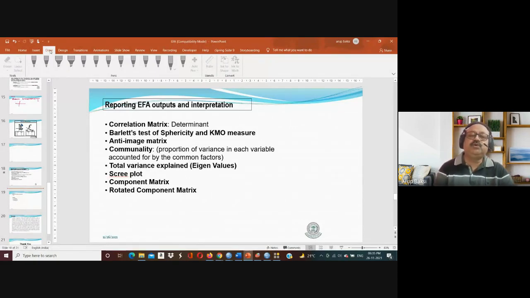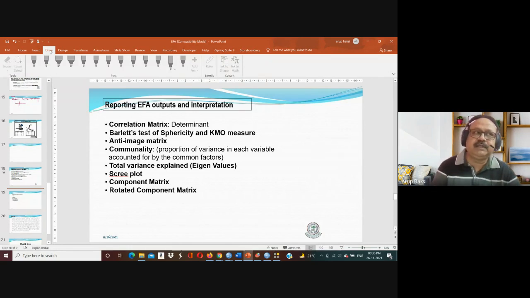That applies if you are stopping after the EFA. But if you are proceeding and confirming the factor analysis by adopting a confirmatory factor analysis, whereby you are using the discriminant validity, the convergent validity and the nomological validity, so all the validation techniques are used for the initial factor structure, then you need not go for a very extravagant reporting of your EFA output.